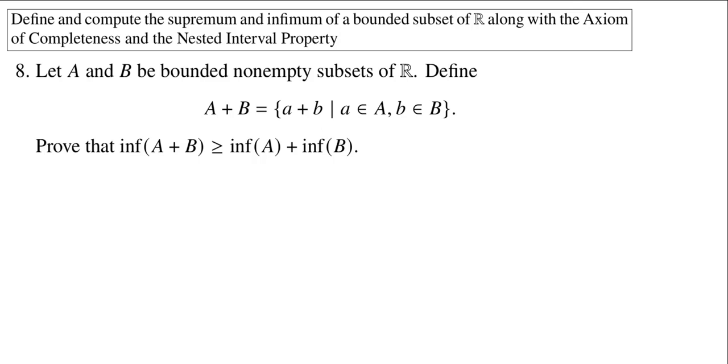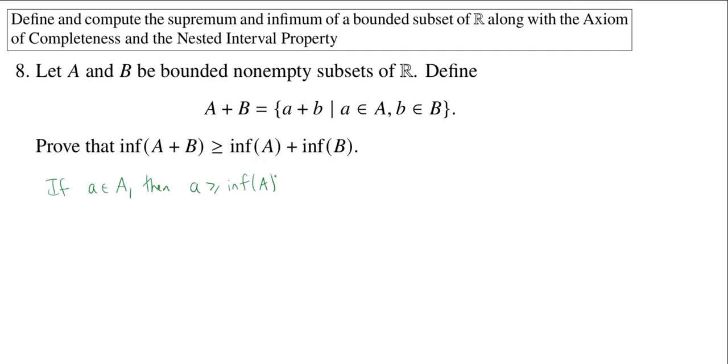So let's see. We know that the infimum of A is at most as big as everything in the set A. So if little a is in A, then a is at least as big as the infimum of A. And this is because the infimum of the set A is the greatest lower bound.